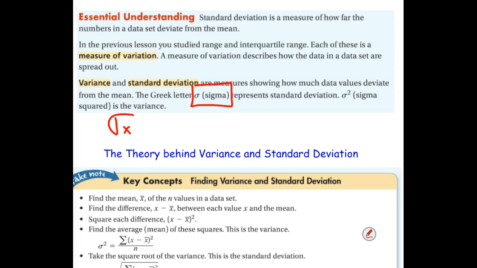So that is what we use for standard deviation. And then if we take that value and we square it, sigma squared will give us variance.